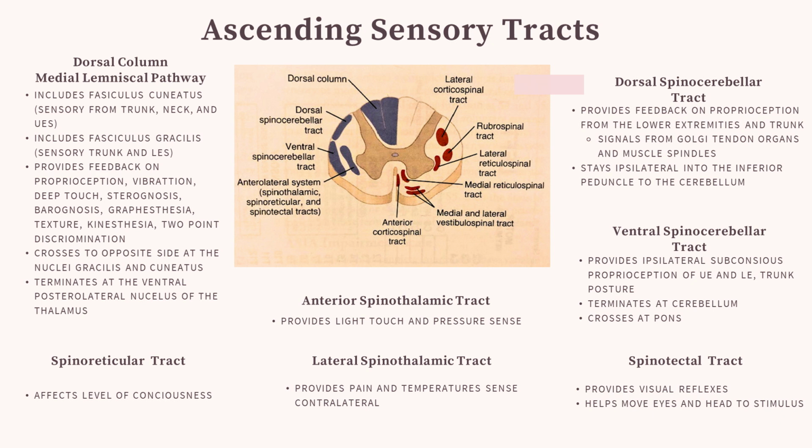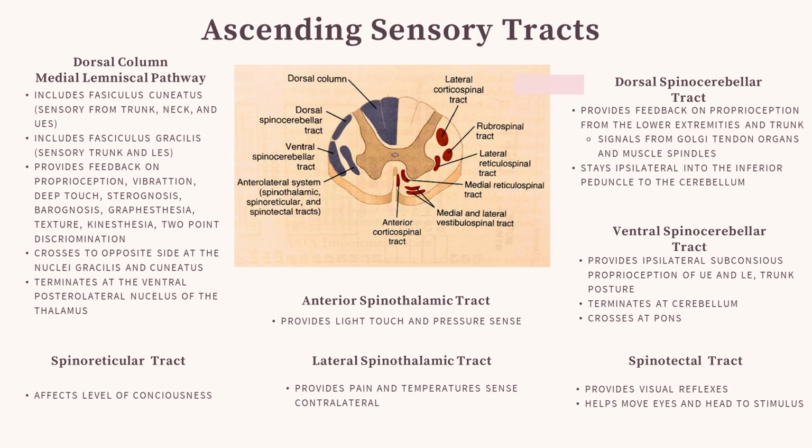So let's talk about the dorsal medial lemniscal pathway. This is going to include the fasciculus cuneatus, which is going to be those 2 outer columns within those 4 columns that we see posterior to that gray matter H. That gray matter H is going to give us a better idea of where to go when we're looking at the spinal cord.